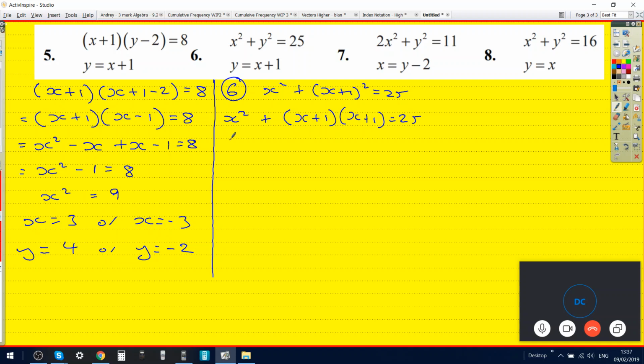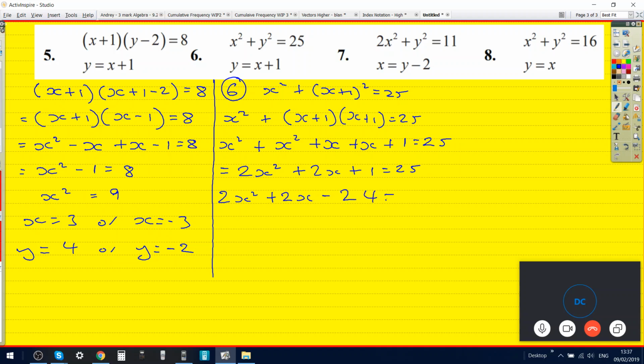So x squared plus x squared plus x plus x plus 1 equals 25, which is the same as 2x squared plus 2x plus 1 equals 25. Then 2x squared plus 2x, minus 25 on both sides, so that will become minus 24 equals 0.